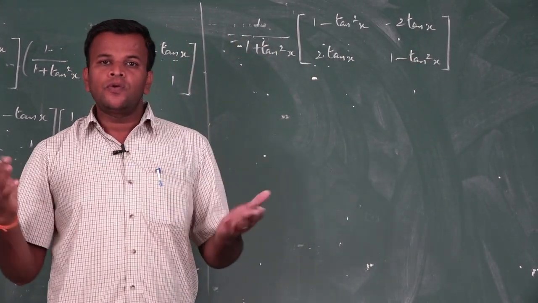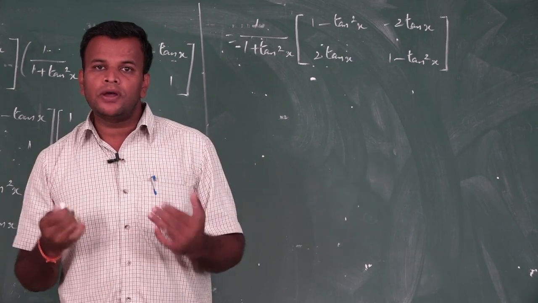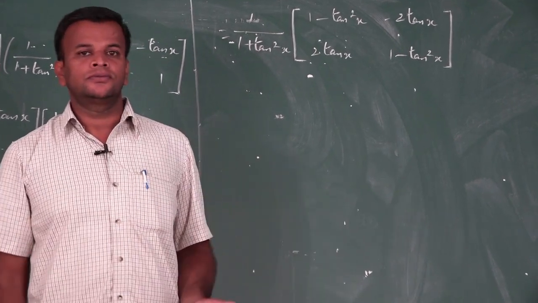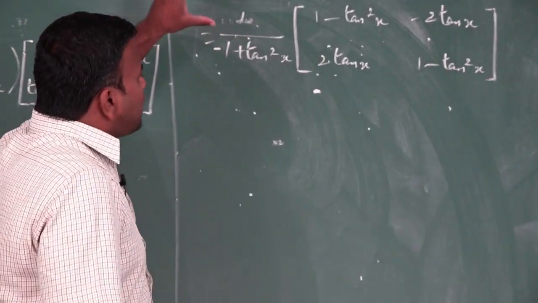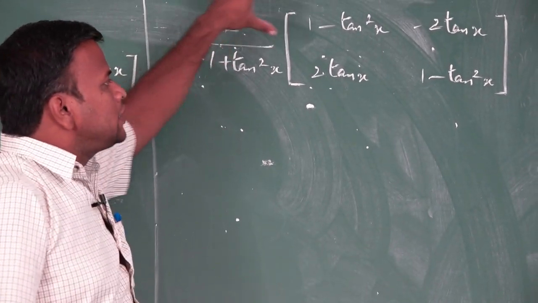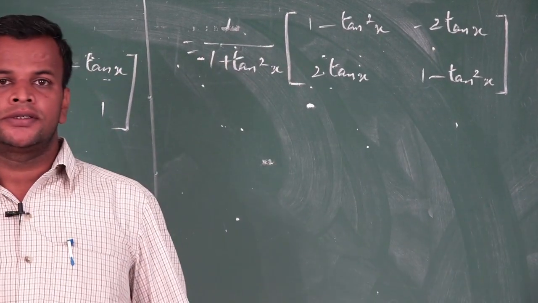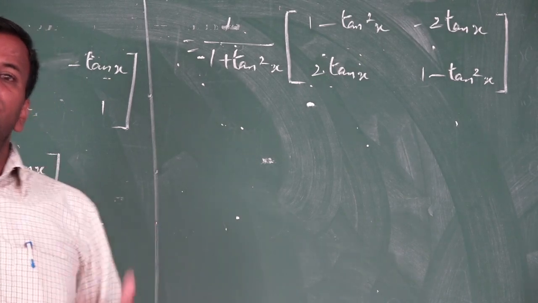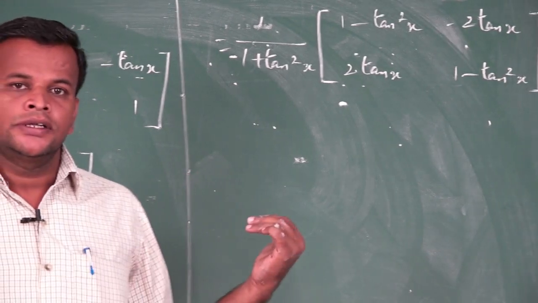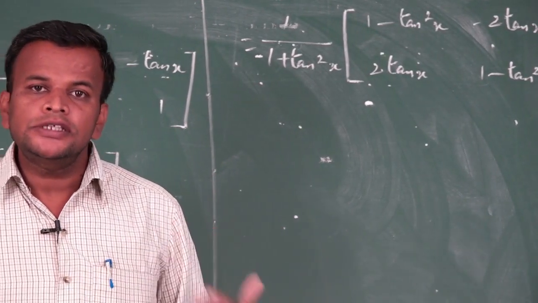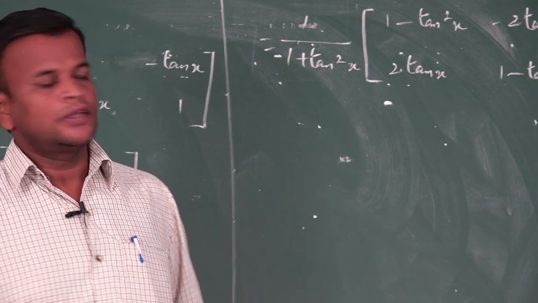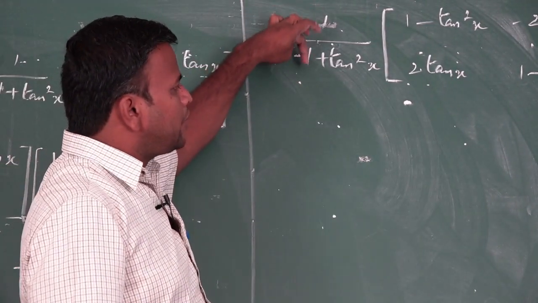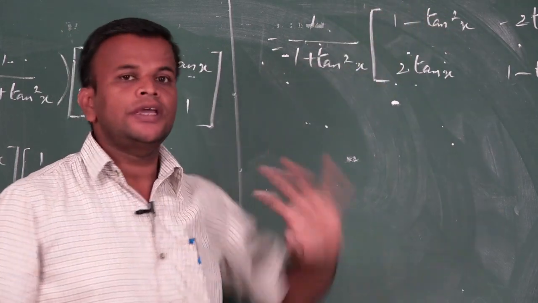But in our proof RHS, all the terms involve sine and cos of 2x. So I multiply the outside element into each and every element of the matrix. You know very well, any element lying outside of the matrix should multiply each and every element of the matrix. Now I multiply 1 divided by 1 plus tan square x into each element.